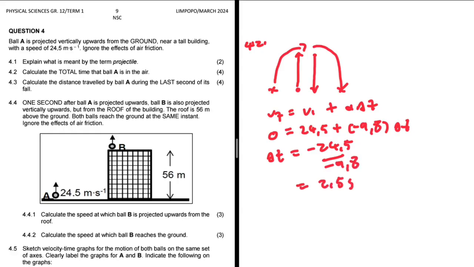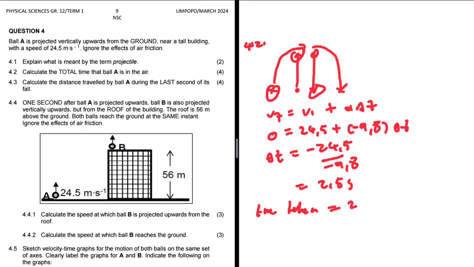This is the time taken from projection to the maximum height, which is the same as the time from maximum height back to where it was projected. So time taken equals 2.5 multiplied by 2, which equals 5 seconds.